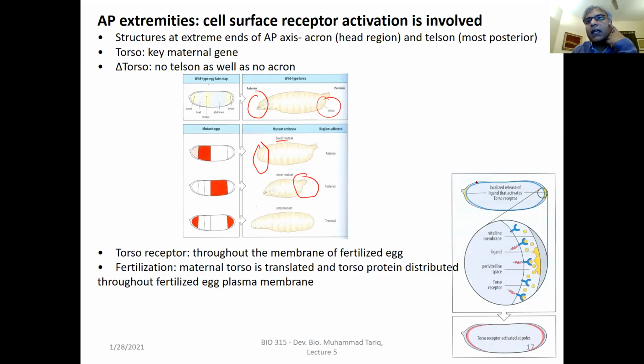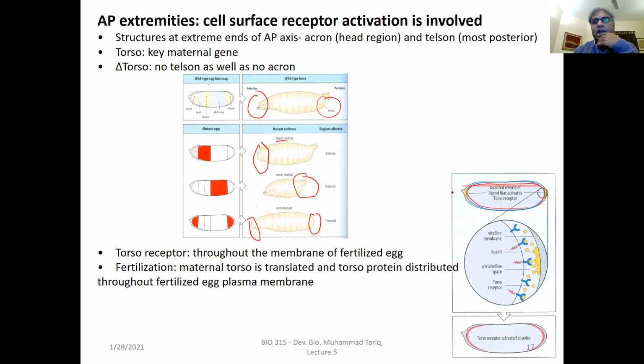Torso messenger RNA, this blue one, is uniformly distributed all over the cytoplasm in the embryo. However, the phenotype is only on the two extremities, the anterior and posterior, the terminal mutants.